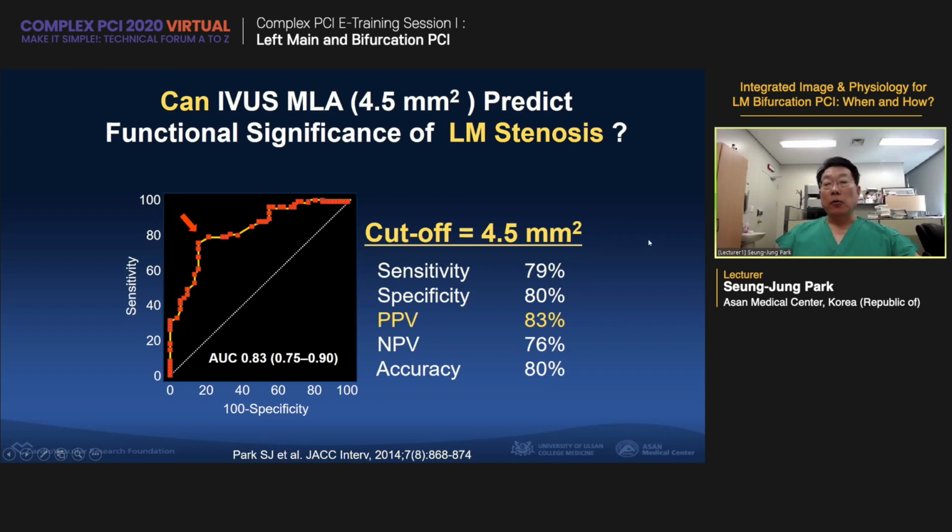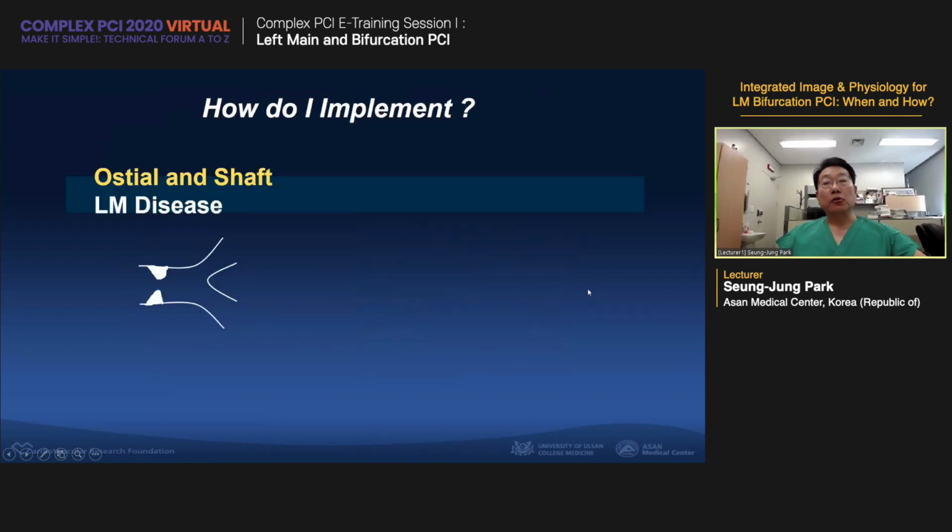Actually, the cutoff value is 4.5. If you look at the predictability, our value has 83% accuracy, 80%. So we can clearly use IVUS MLA 4.5 mm². Less than that, the lesion would likely be functionally significant.